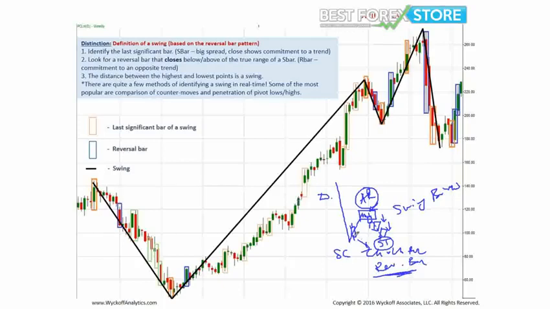You need to understand the structural analysis of where you are in the higher time frame structure, because that's going to give you an indication of the next potential action within the trading range or within a trend. And therefore, it's also going to give you a directional bias. And yeah, those are very, very important concepts right here.